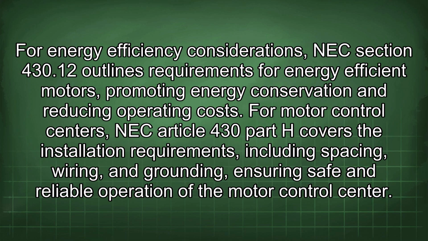For energy efficiency considerations, NEC Section 430.12 outlines requirements for energy-efficient motors, promoting energy conservation and reducing operating costs. For motor control centers, NEC Article 430 Part H covers the installation requirements, including spacing, wiring, and grounding, ensuring safe and reliable operation of the motor control center.